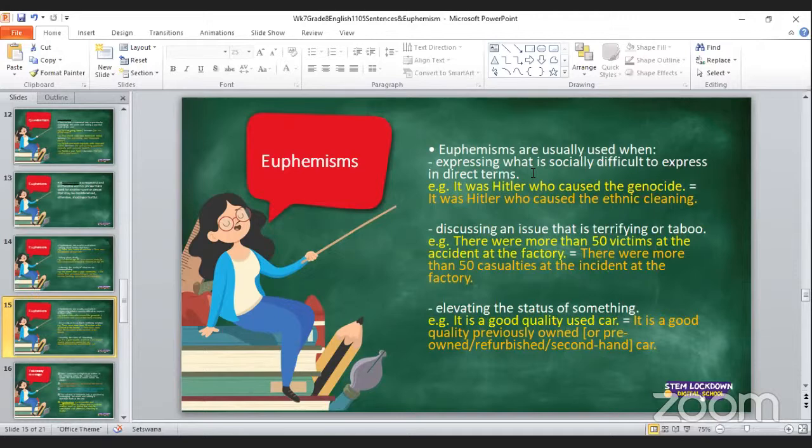This is what makes it difficult to express some things in direct terms, so for these things we also need to use euphemism.